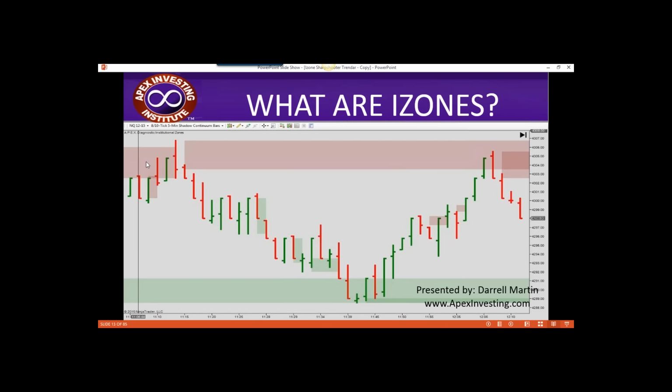Just because it hits one of these levels does not automatically mean, boom, let's go. And just because it hits one of these levels and a bar or even two bars starts to make a reversal, doesn't always mean it can't just be a quick little retrace and pop back up and break through it. So you need more than just one indication that, hey, it hit that level and now it's turning around.